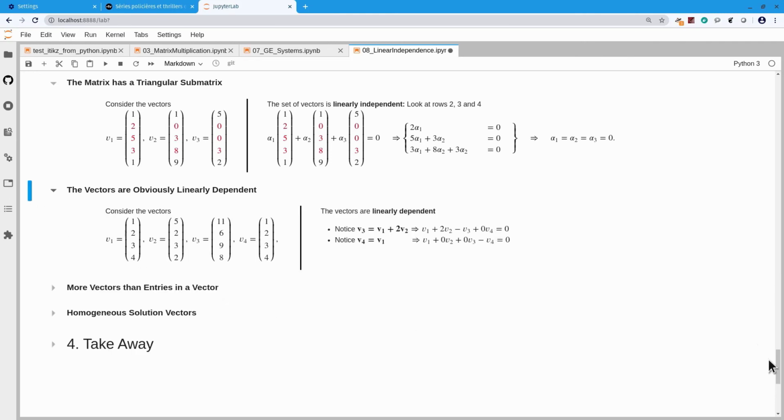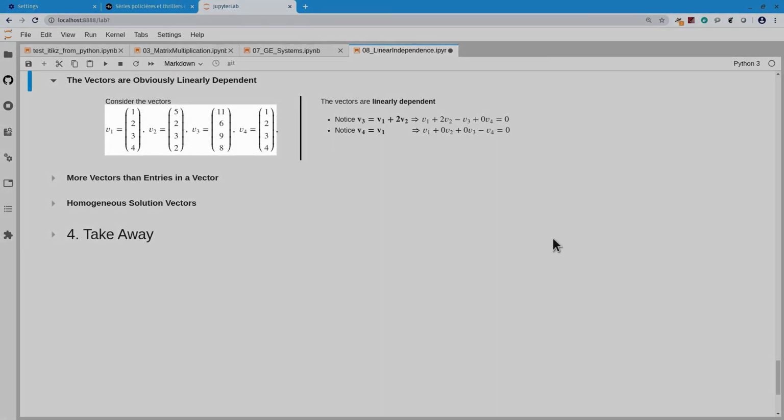The next case is if I happen to recognize a relationship between the vectors. So if I look at my vectors v1, v2, and v3, I might notice that the first vector plus 2 times the second vector adds up to the third one. 1 plus 10 is 11, 2 plus 4 is 6, 3 plus 6 is 9, 4 plus 4 is 8.